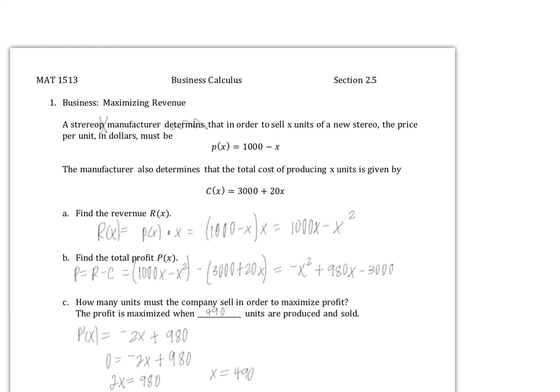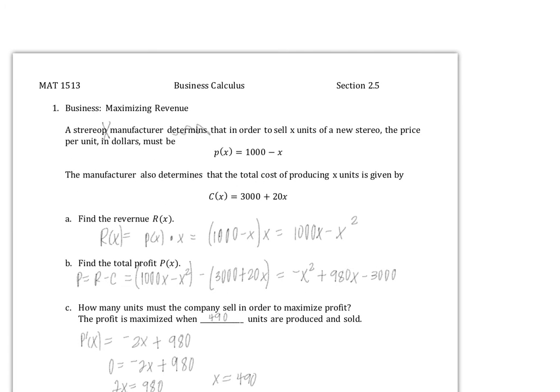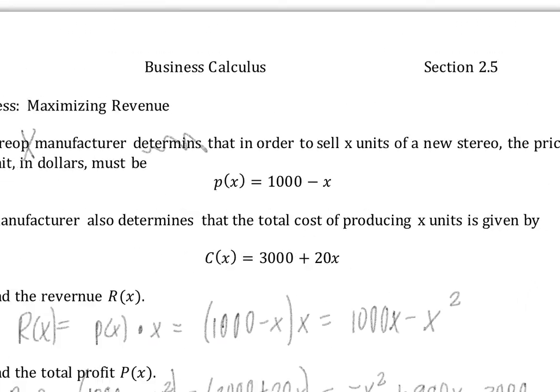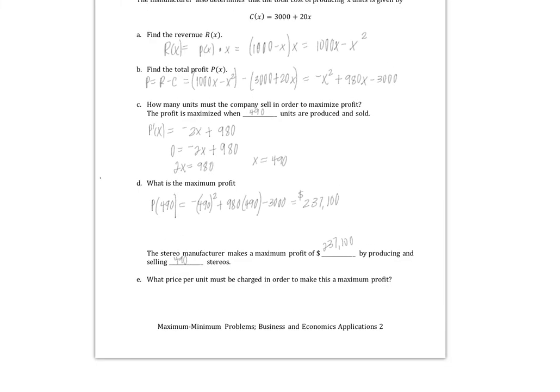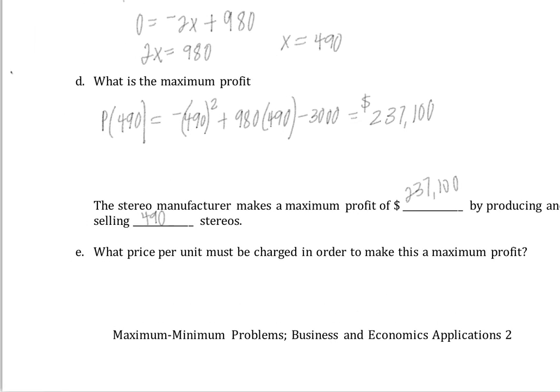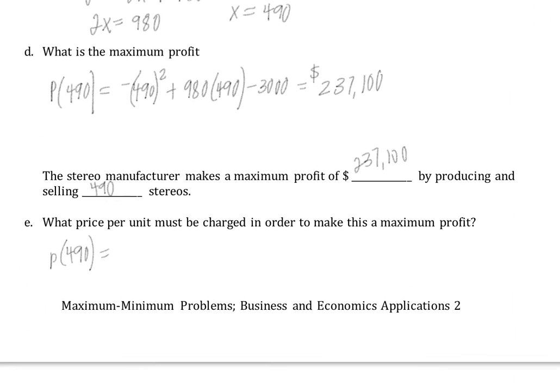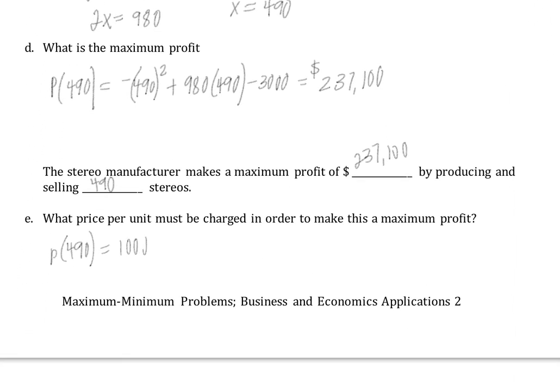Well, now we're going to plug that x value into the original price function since it's asking us what price per unit. So since it is maximized with 490 x's, we're just going to plug 490 in for x. So 1,000 minus 490 is 510.